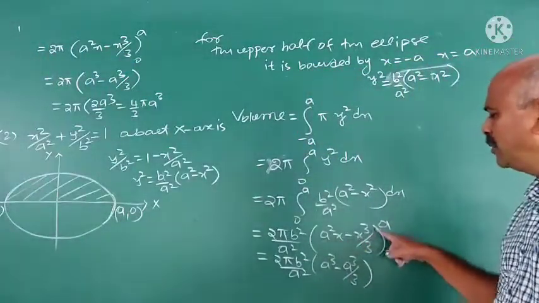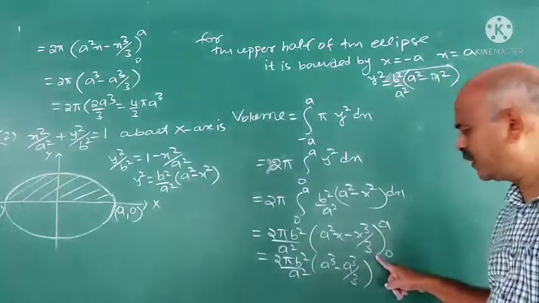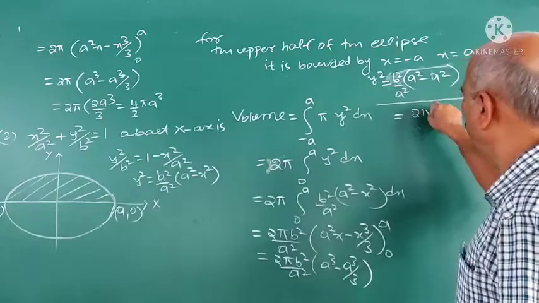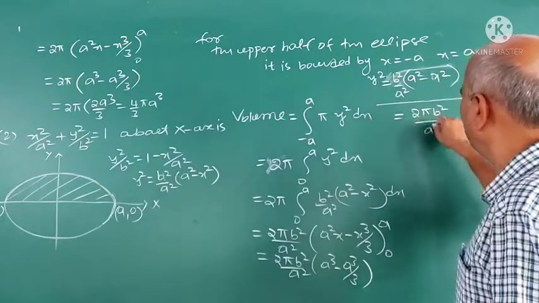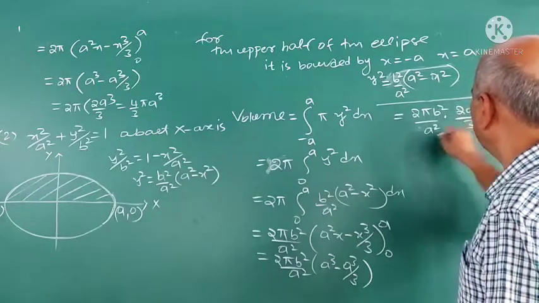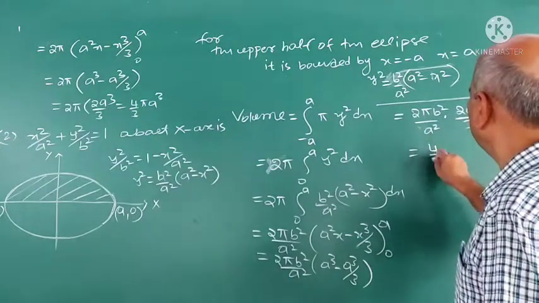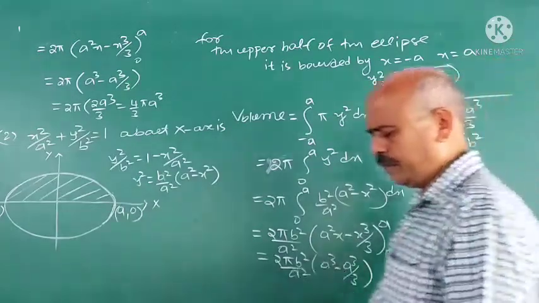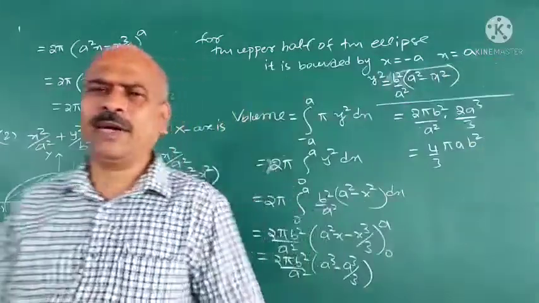First you have to take the value of this when x is a, minus the value when x is 0. So it is 2 pi b square by a square into 2a cube upon 3. Therefore, 4 by 3 pi a b square.